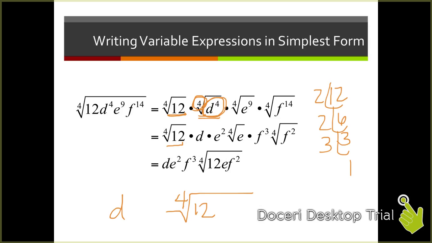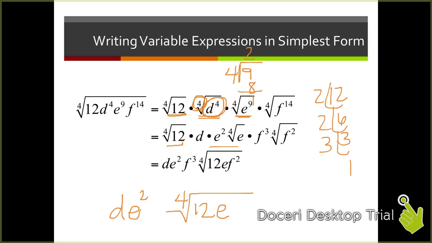Next I have e to the ninth and the fourth root of that. So again, if we go with my little trick I showed you a minute ago, if I take 9 divided by 4, that's going to go twice and leave me a remainder of 1. So that means e squared gets to come out because I have 2 groups of e that have 4 e's in it, but then there's still 1 e left that has to stay inside.